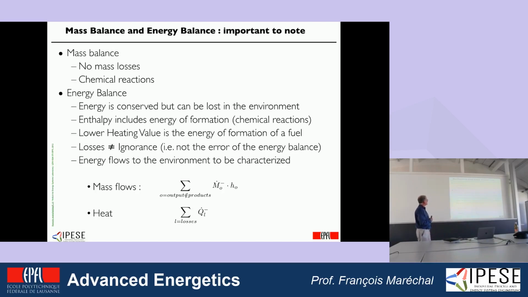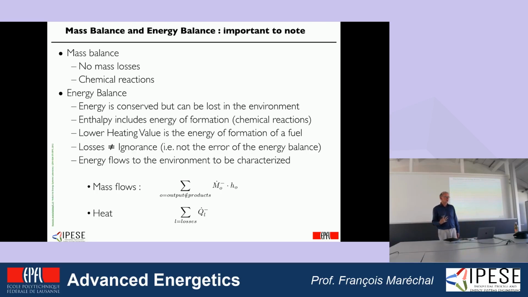Just some remarks on the approach. Characterizing flows means that you are going to calculate enthalpies, and for this you will need temperatures and pressures, and all those values come from sensors. And all those values also come from the description that you are making of the process.